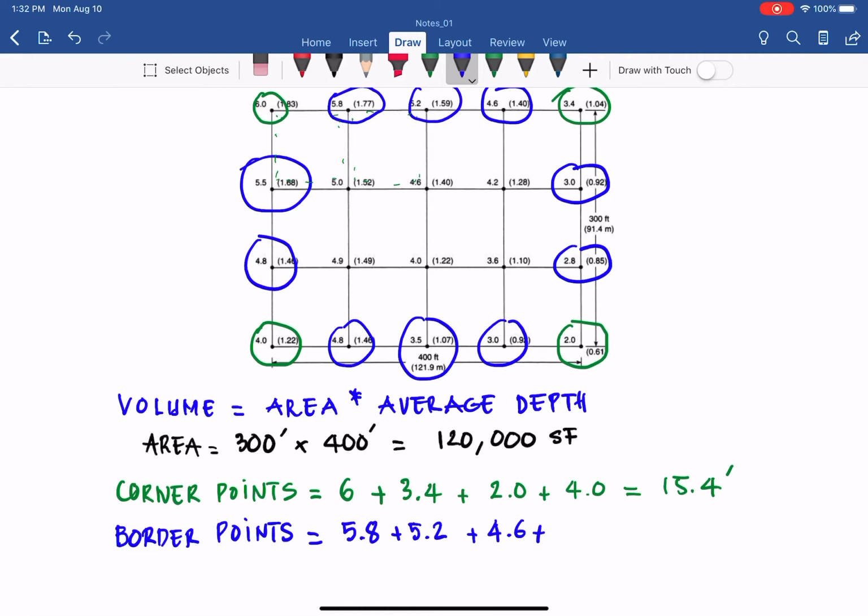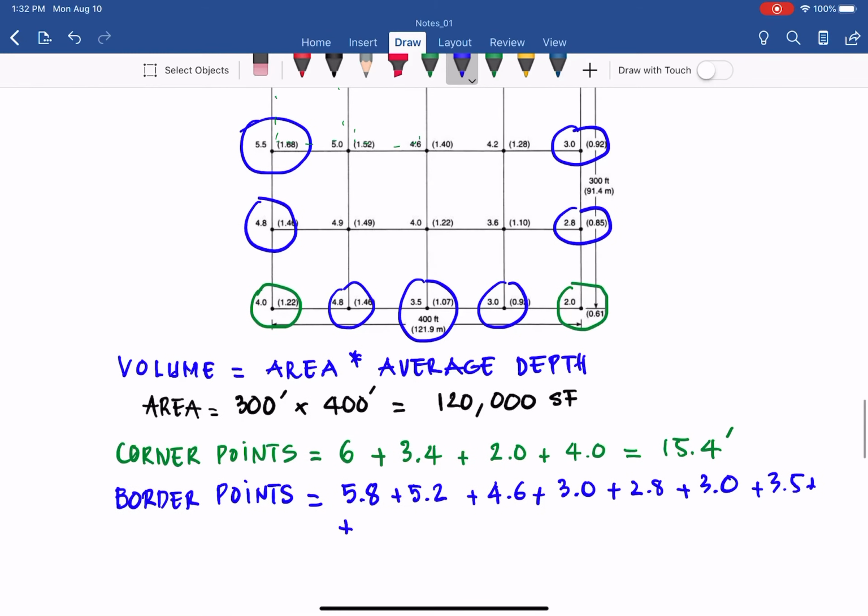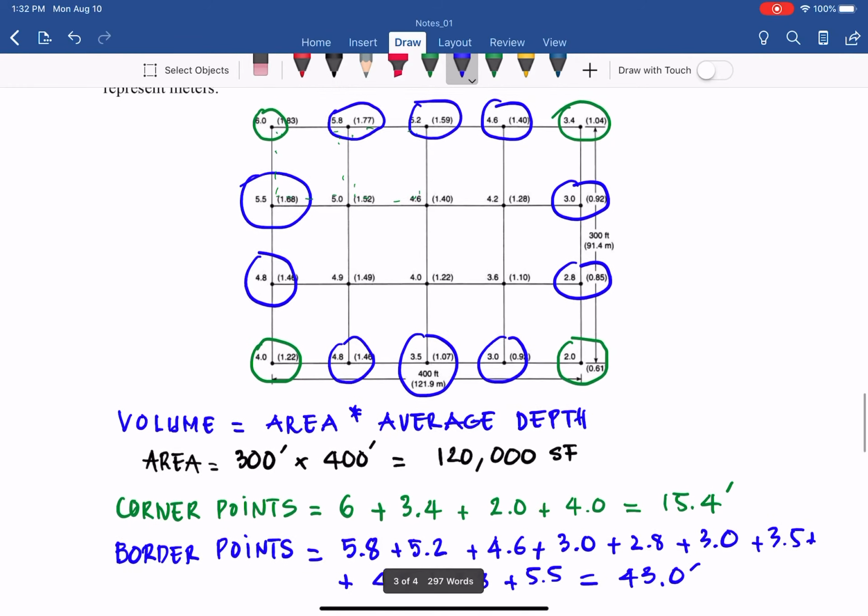Then go to the vertical right: 3, 2.8, 3, 3.5, continue, 4.8, 4.8, and the last one is 5.5. So from that we have 43.0 feet.